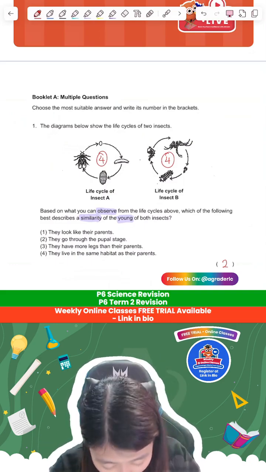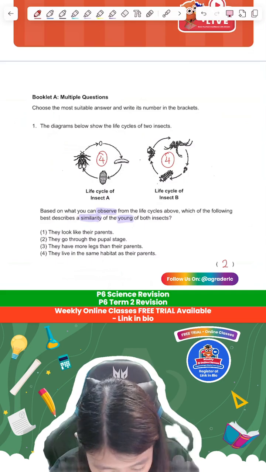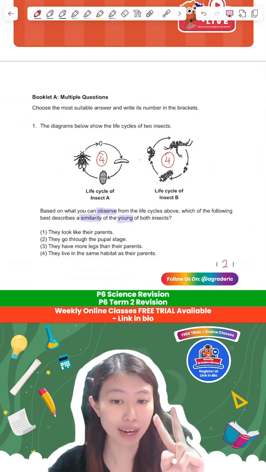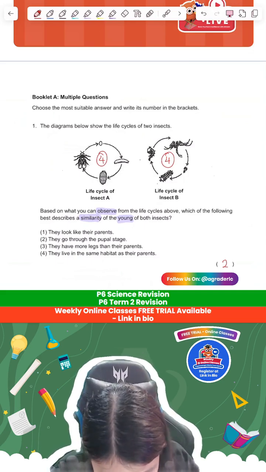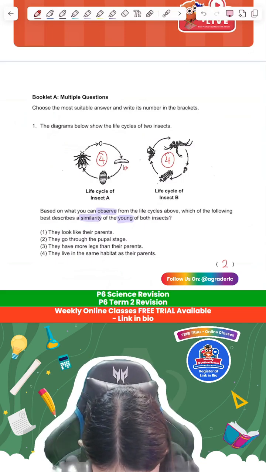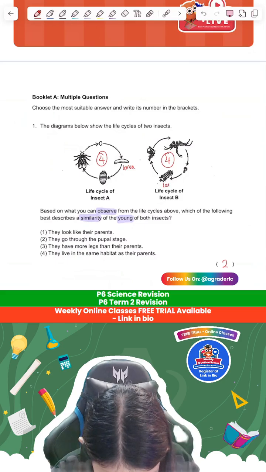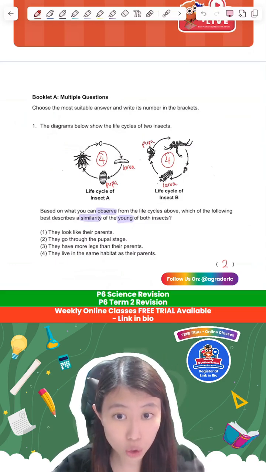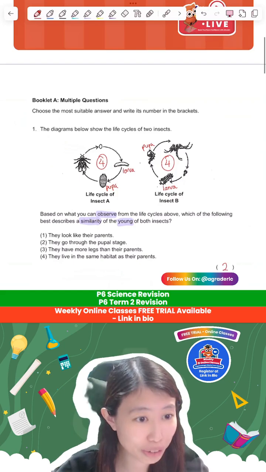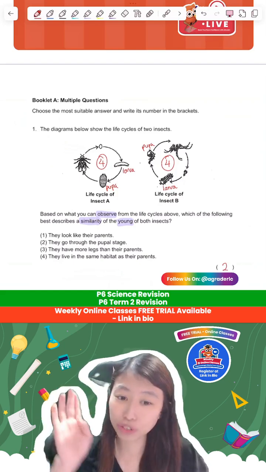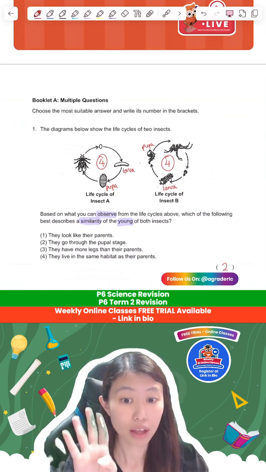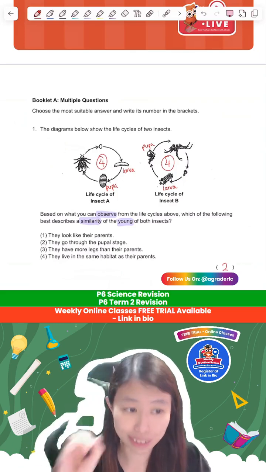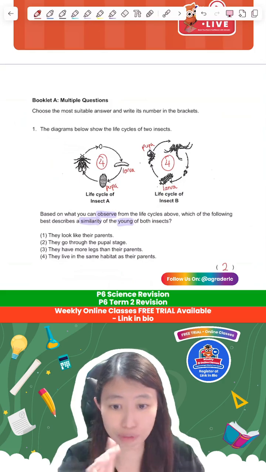When it comes to the young, we can just focus on larva and pupa. Both of them have a larva stage, which is over here, and a pupa stage, which is over here. Just remember, 4-stage life cycles will not resemble the adult, so option 1 is definitely wrong already.